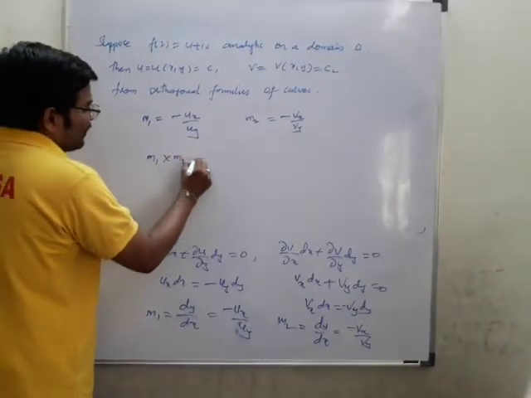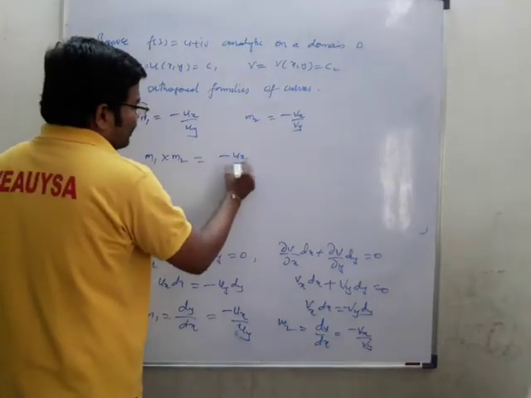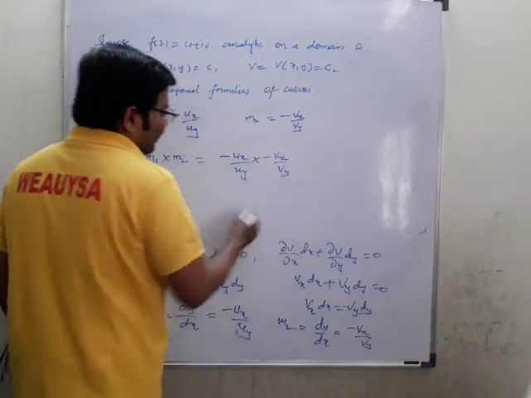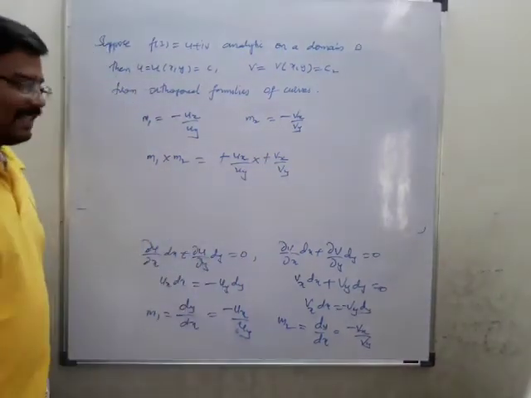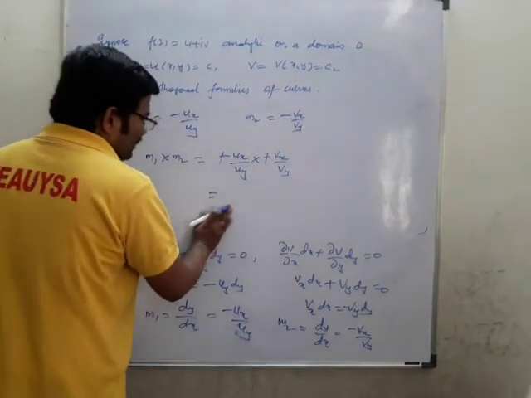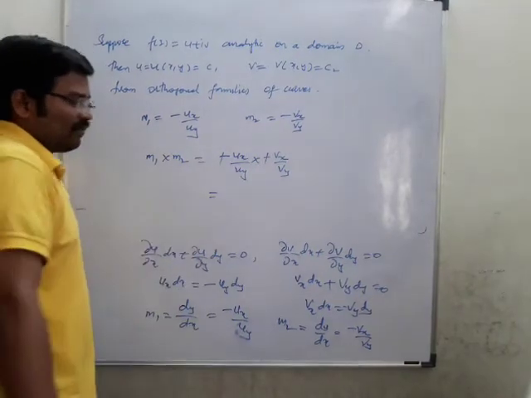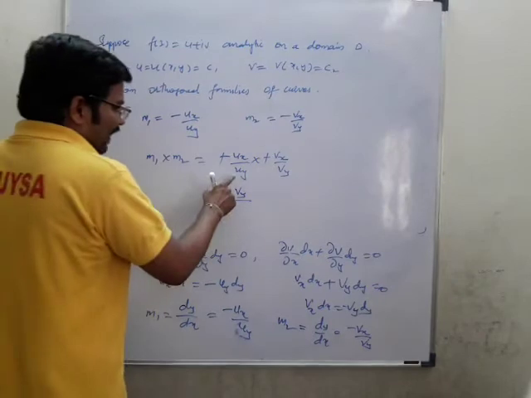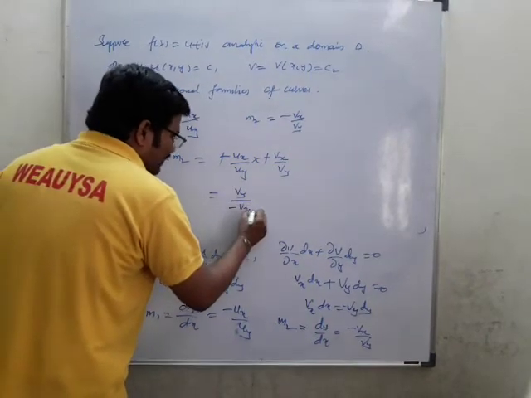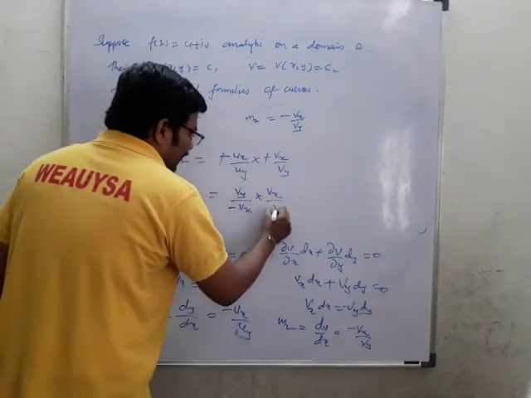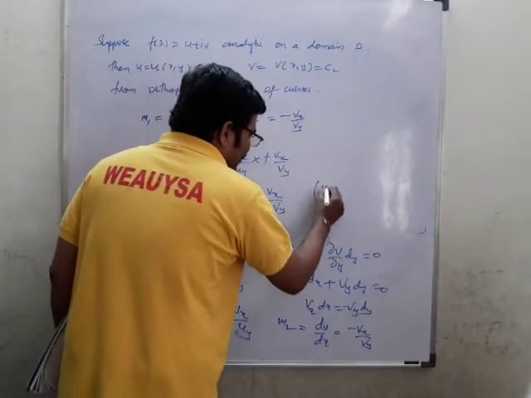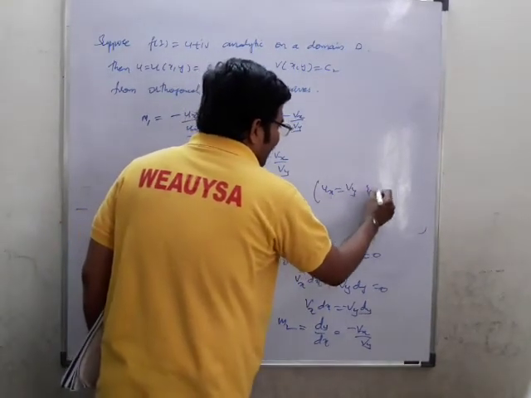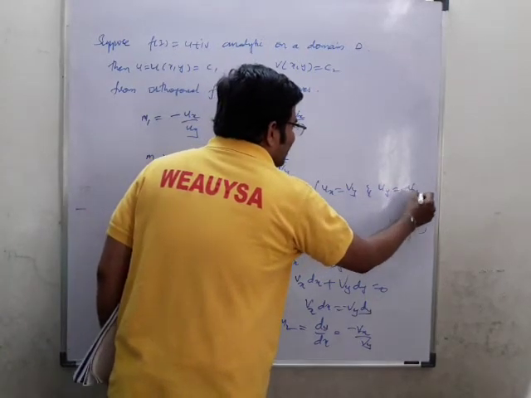m1 into m2 is equal to minus ux by uy into minus vx by vy. Both minus signs get cancelled. Now I may substitute ux as vy and uy as minus vx, since ux equal to vy and uy equal to minus vx.